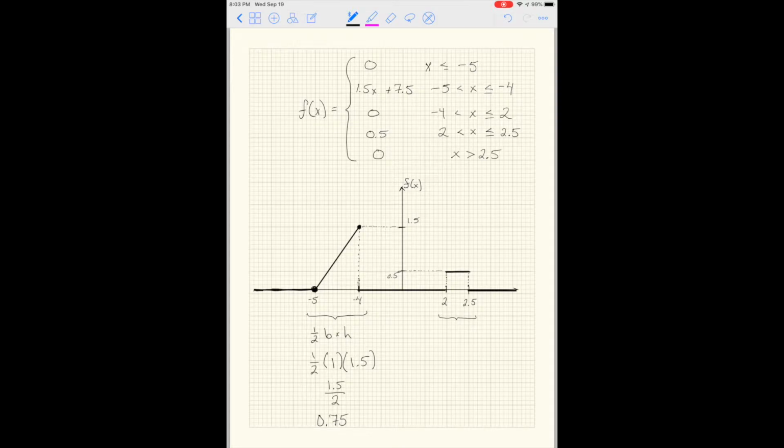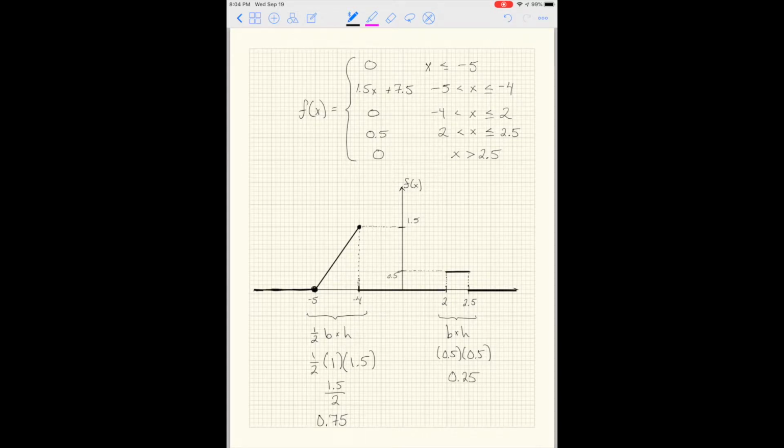0.75. And over here, I know that this is just a rectangle, so just base times height. And so the base here is 0.5. The height is 0.5. And so multiply those together, I get 0.25.